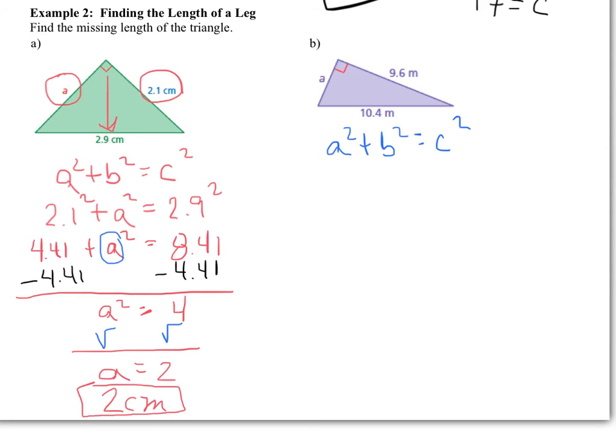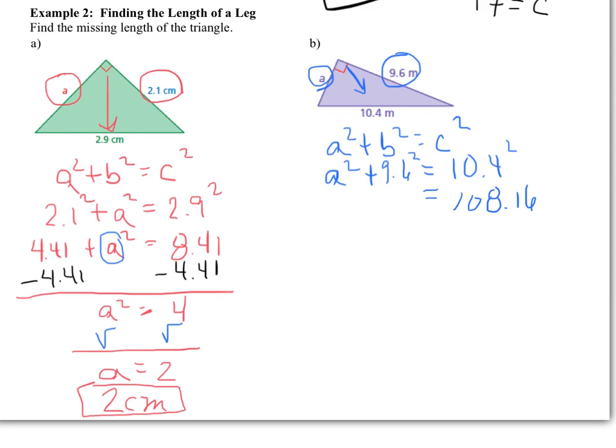What do we have? Well, we don't have this one, so we'll leave it as the a squared. The other leg we do have, and in this case the hypotenuse we have. And it's just important that you put them in the right spots. Oh, we have to square the 9.6. So again, we're trying to get a by itself. So the first thing I do is say 9.6 squared, 10.4 squared. Well, 10.4 squared is 108.16. 9.6 squared is 92.16.